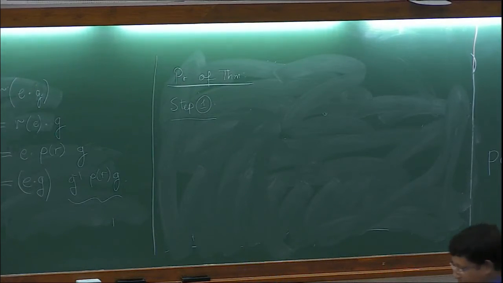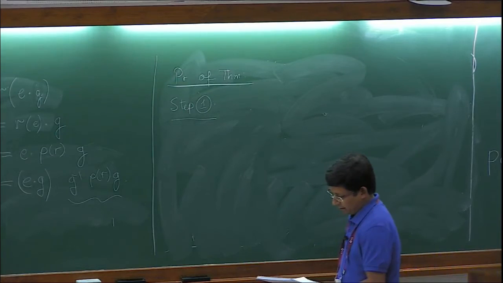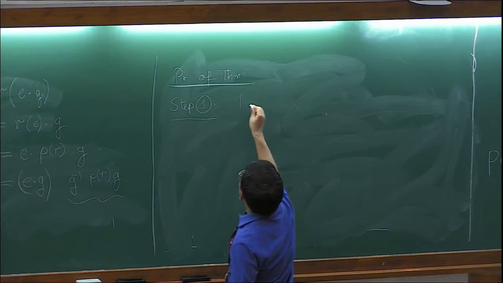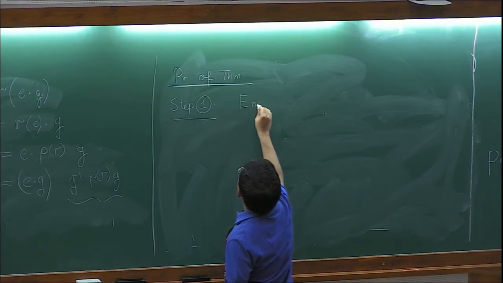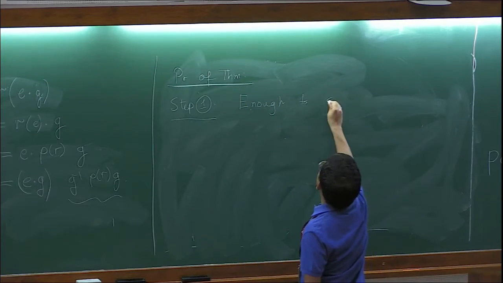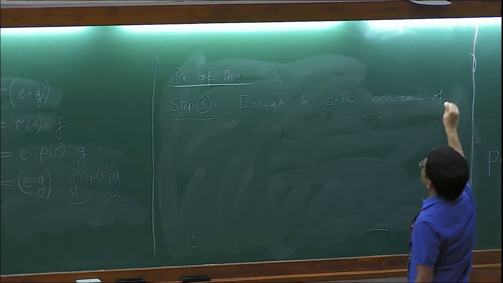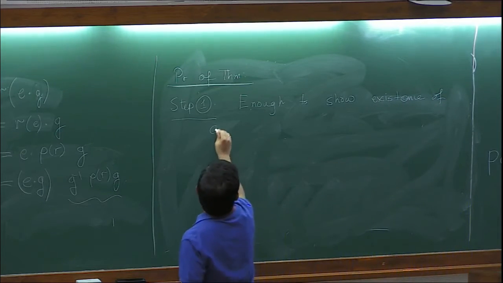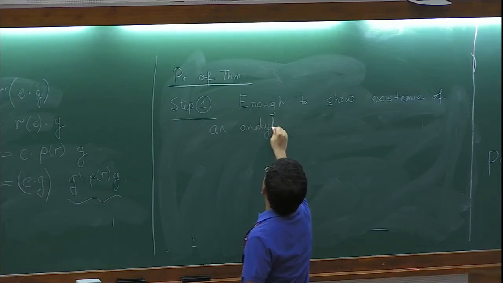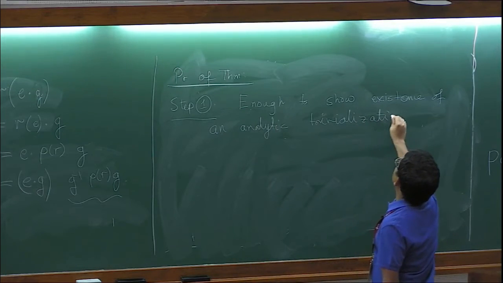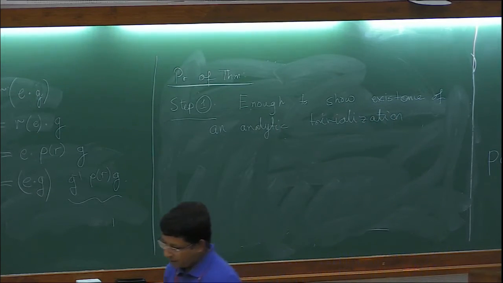The other steps are already available in the literature. So step one is, it is enough to show existence of an analytic trivialization. That means the analytic trivialization will, under these assumptions, imply existence of an algebraic trivialization.